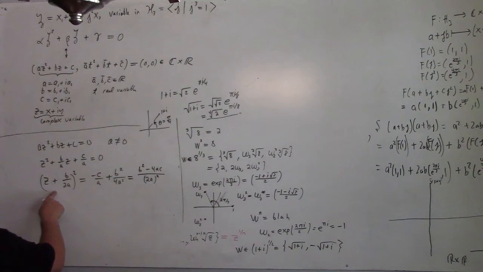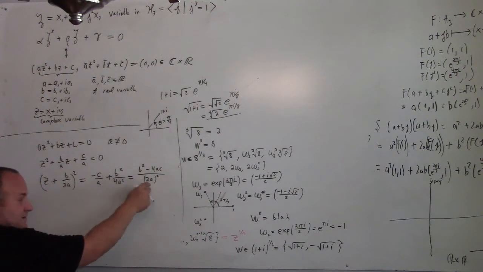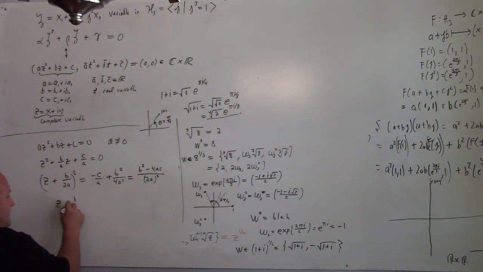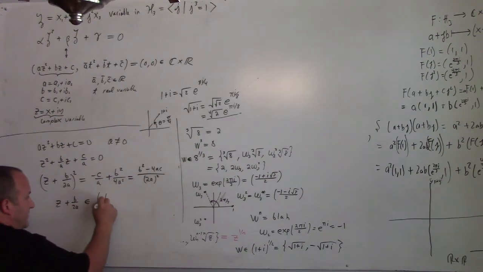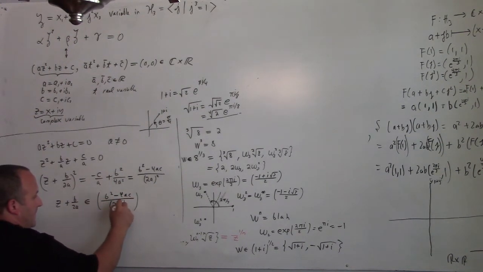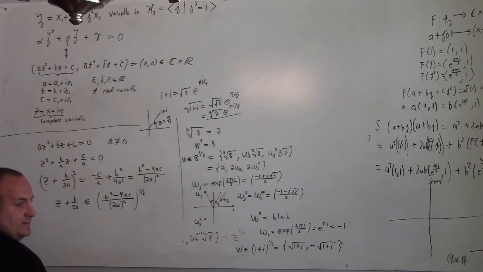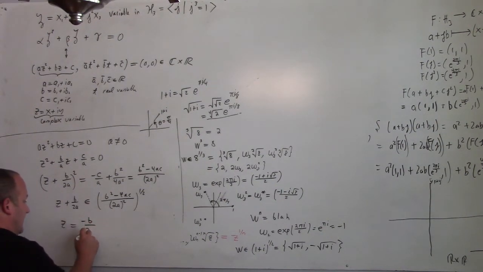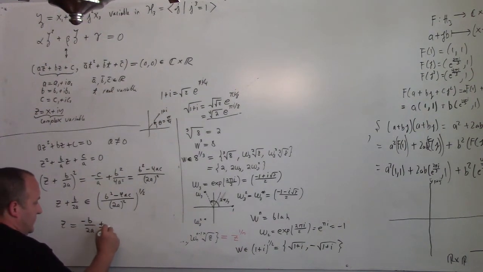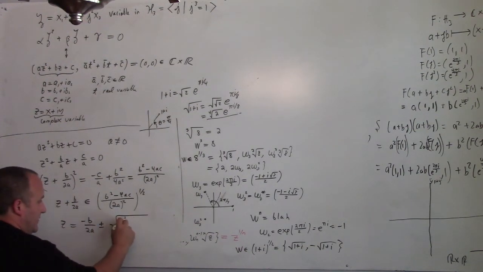And then so I've got a complex quantity squared equal to that, which means that z plus b over 2a is an element of the square roots, and that's to say, because of how the half roots work out, that z is equal to minus b over 2a plus or minus the principal square root of b squared minus 4ac over 2a squared.